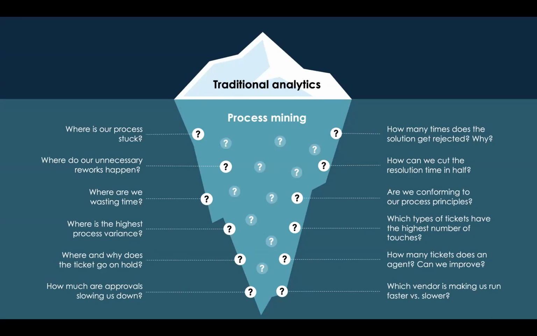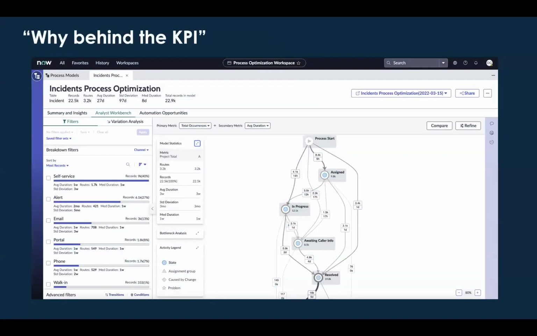Maybe we want to answer what or who is contributing to our SLA breaches, or which vendors are speeding us up, or which ones are slowing us down. We've all been asked these types of questions before. These are essentially the whys behind those KPIs that we show on those dashboards inside of Performance Analytics.